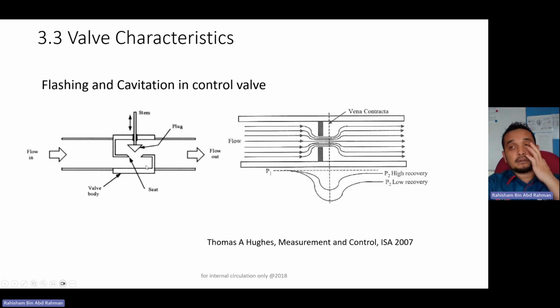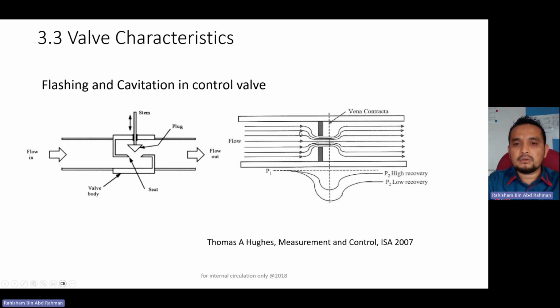Okay, what is flashing? Later we will check the detail. Before I come to the definition of flashing and cavitation, let's first understand this diagram, this good representation. So we have the general configuration of the valve and pipeline like this. If we translate it into the flow of fluid together with the plot of pressure, we're going to have this kind of plot.